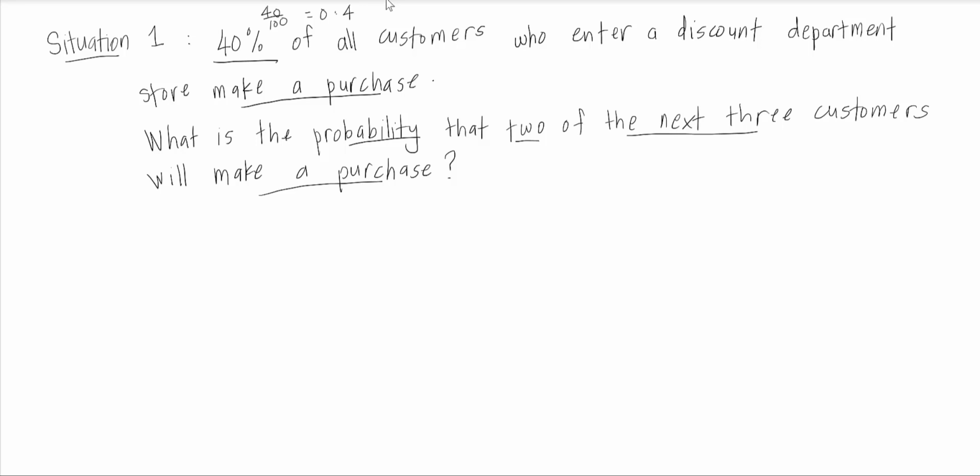We let the customer who makes a purchase be a success, with probability of success. The customer who did not make a purchase, we let be a failure, with probability of failure.